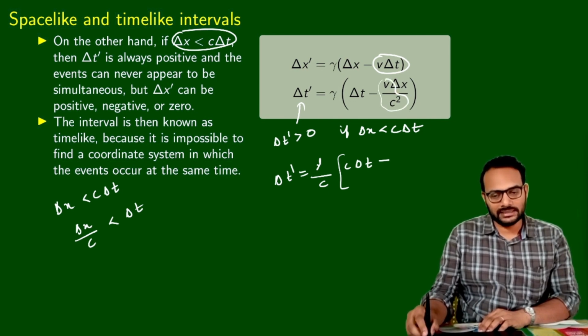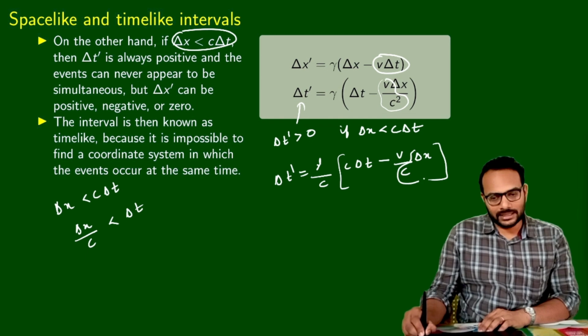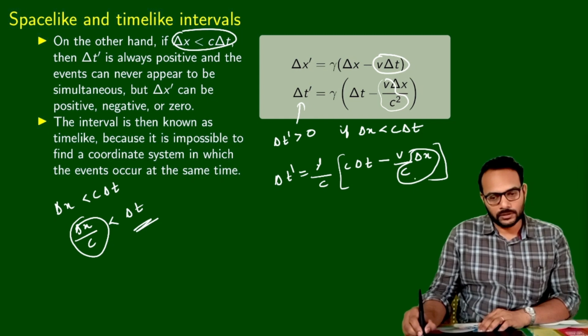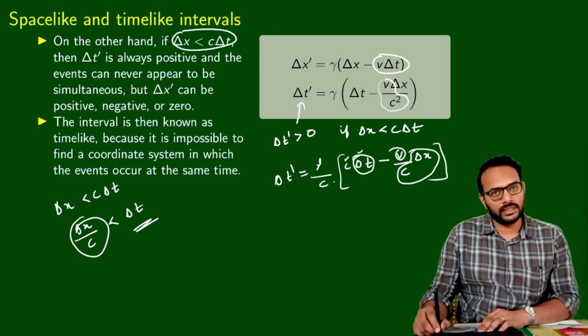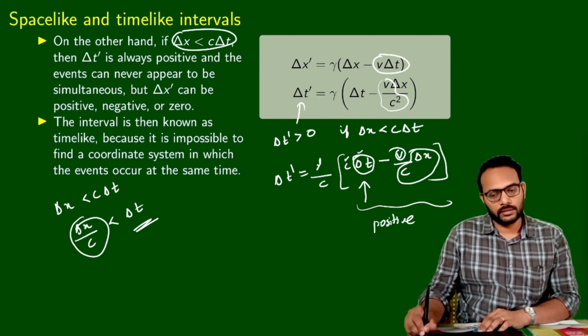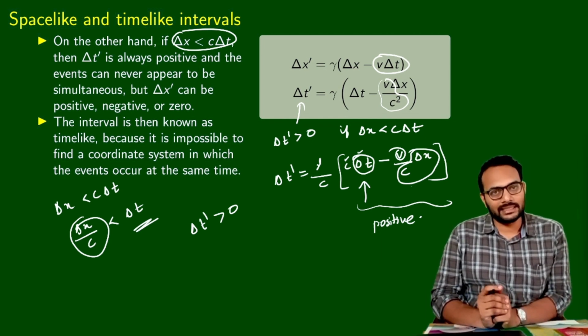Because I pulled out 1 by c, this becomes v divided by c, multiplying delta x. Now we are considering the case where delta x divided by c is less than delta t. So delta x divided by c is less than delta t, and this term is bigger. And v is already less than c, so again this term is bigger. So clearly, in all cases, the first term is bigger than the second term, and this is always positive. So delta t prime is always greater than 0 if delta x is less than c delta t.